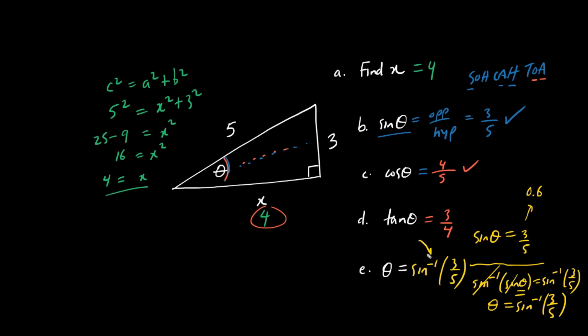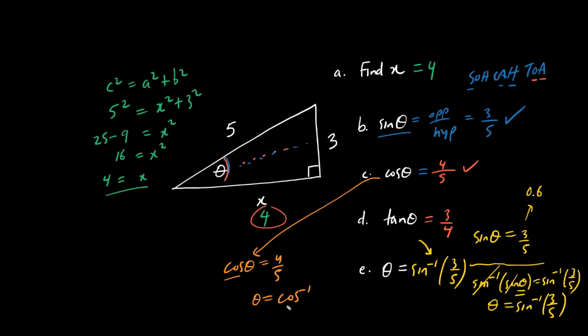This inverse notation looks like an exponent, but it's not. This has nothing to do with exponents. Similarly, you can also hit the cosine inverse button. We know that cos theta equals 4 over 5. So the angle theta can be revealed by simply hitting the cosine inverse.